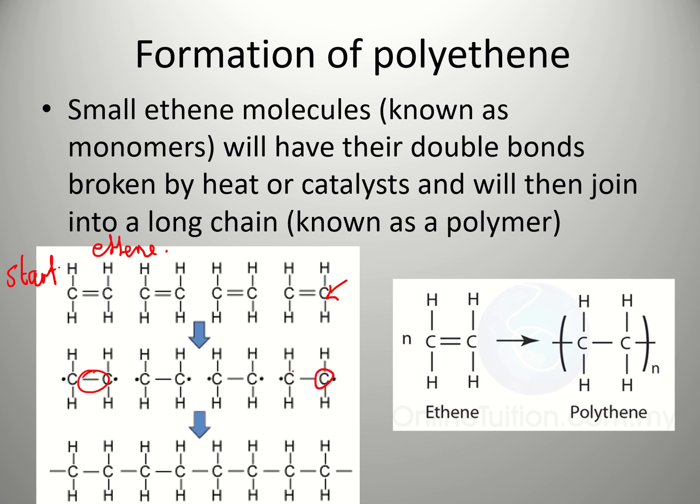Now if you look at all the carbons here after we've heated it with the catalyst, you'll see they only have 3 bonds. So they want to get another bond. Now how can they do that? Well, what they'll do is they'll pair up with another molecule, and that will continue to happen the whole way along, and this is where we get our chains made.